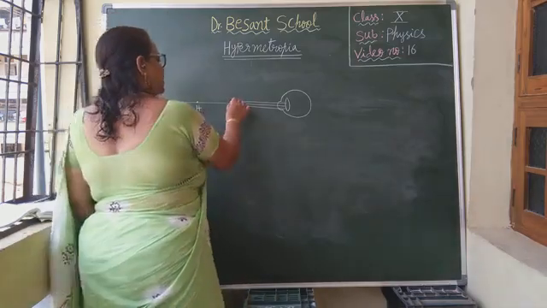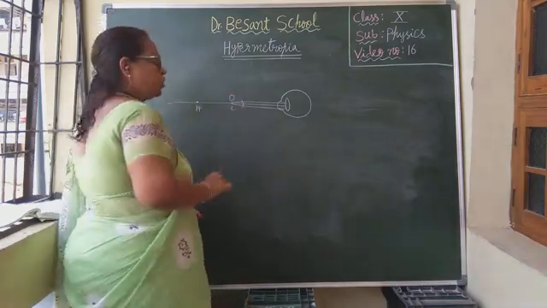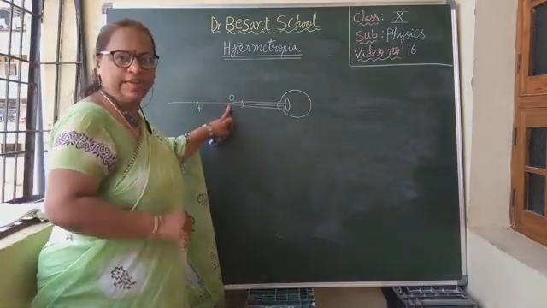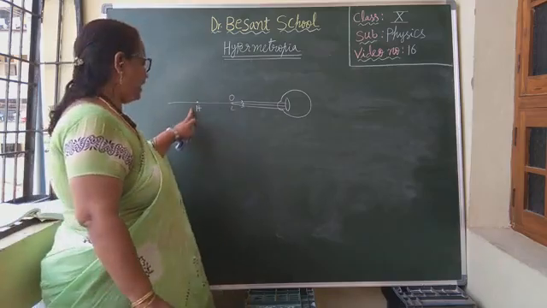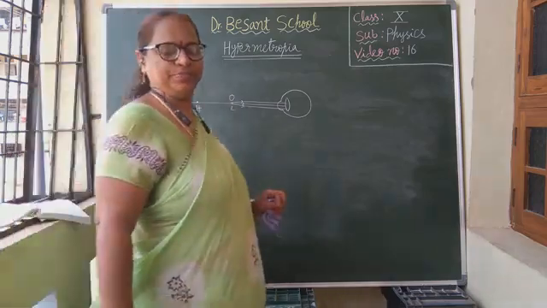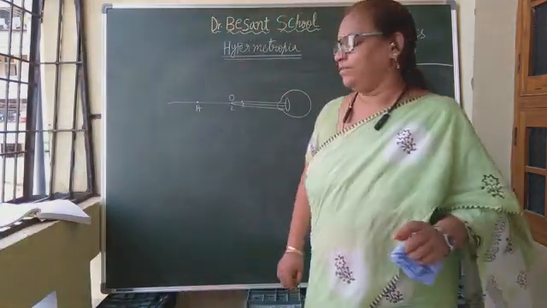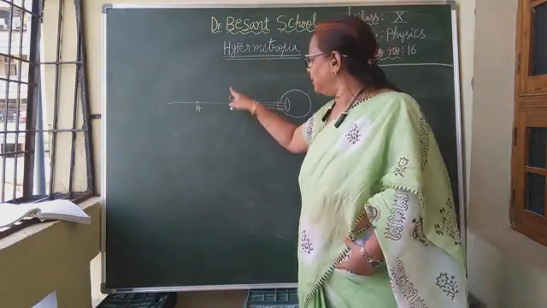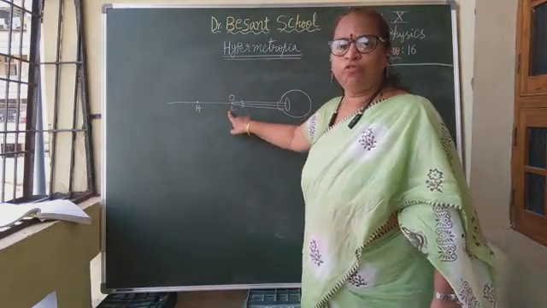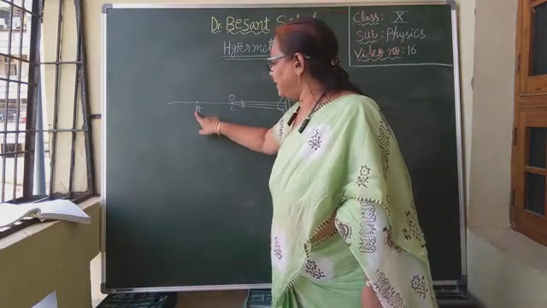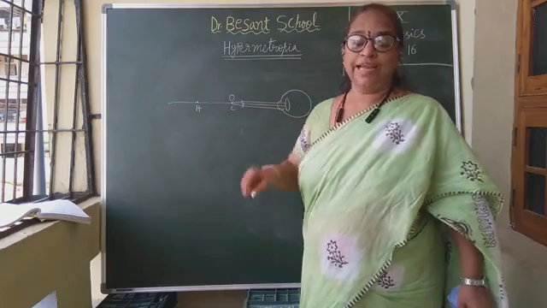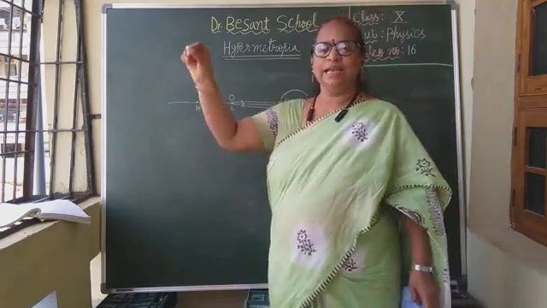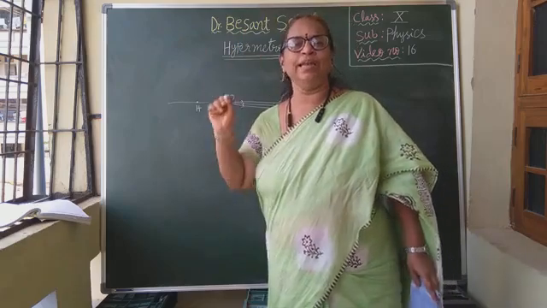See here. Here is the object. We should use such a lens that the image of this object will form at H or beyond H. You're understanding, children? We should use a lens that will make the image of the object form either at H or beyond H. Then that image will act as the object for the eye lens, and exactly the image will form on the retina.